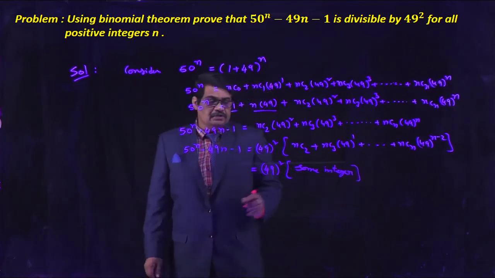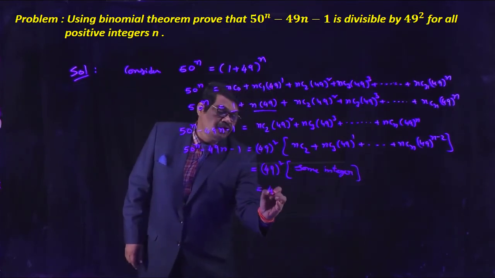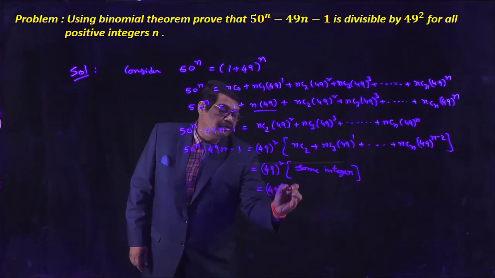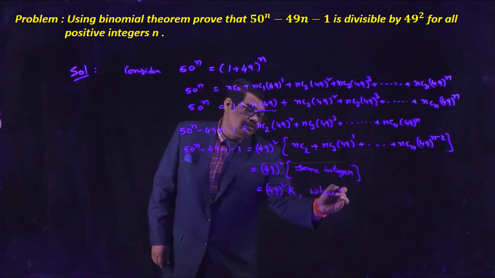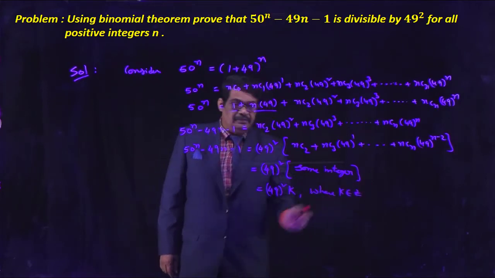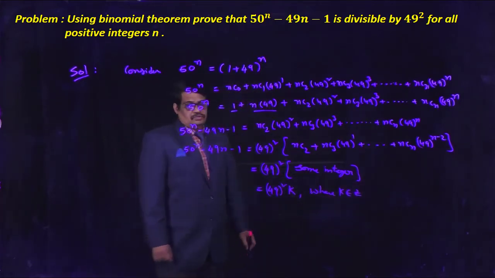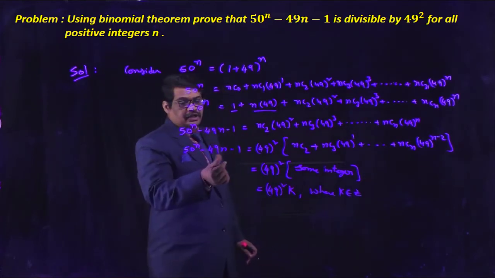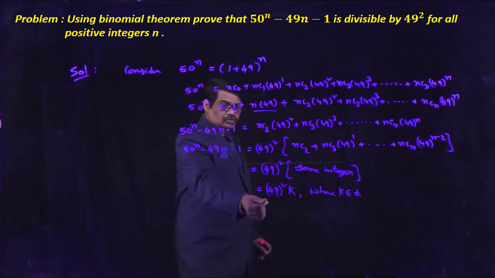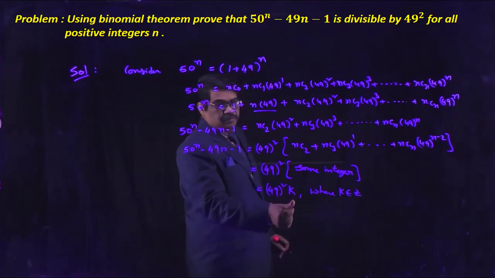So that can be written as 49 square into k, where k is some integer. So 50 to the power of n minus 49n minus 1 is equal to 49 square into some integer.